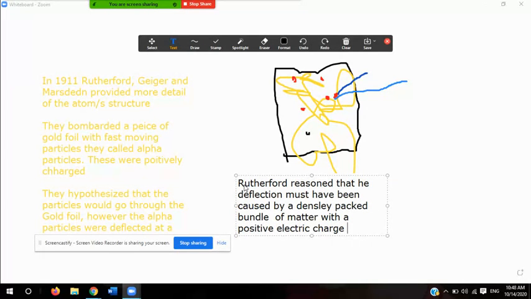With a positive electric charge. And what he had discovered was that the volume of a nucleus was very small compared with the total volume of an atom.